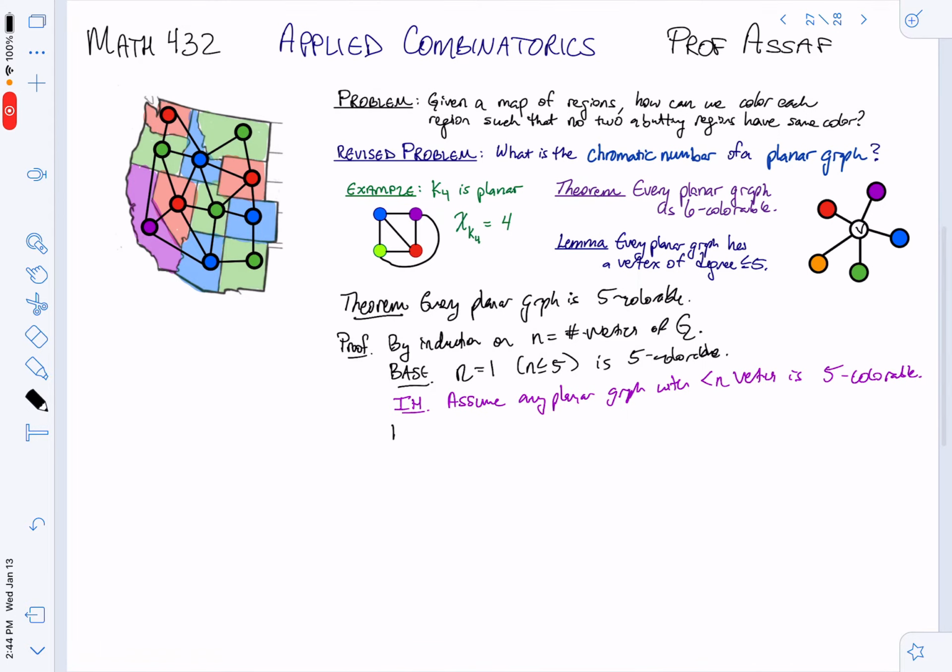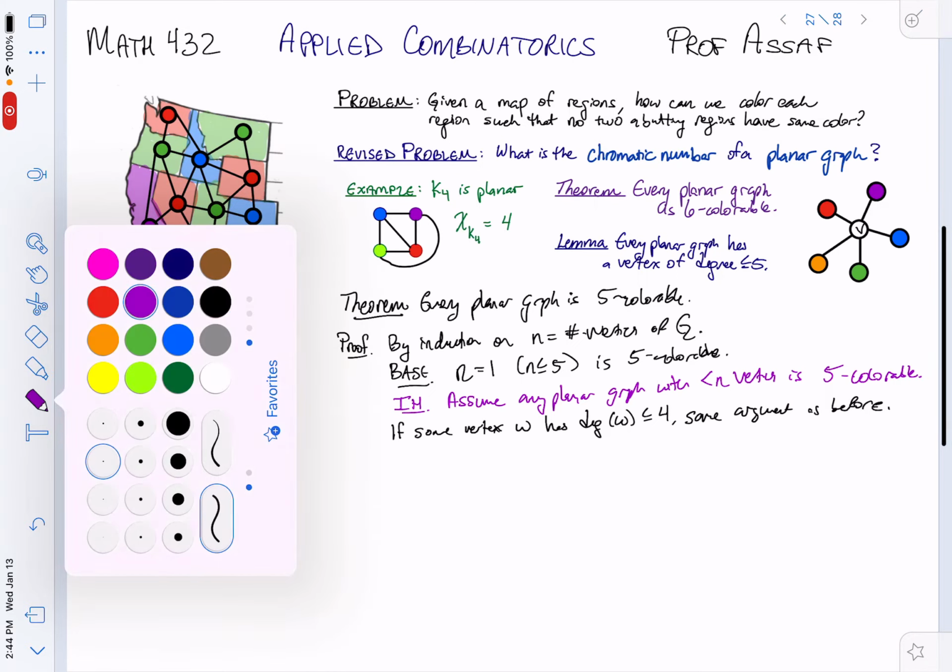Well, if some vertex, say W, has degree of W less than or equal to 4, then we're going to use the same argument as before. So what do I mean by that? We're going to use the inductive hypothesis.